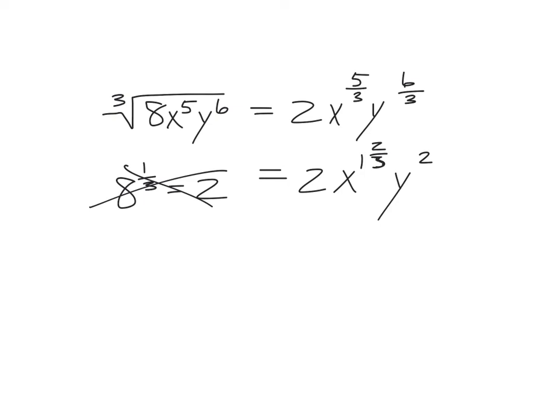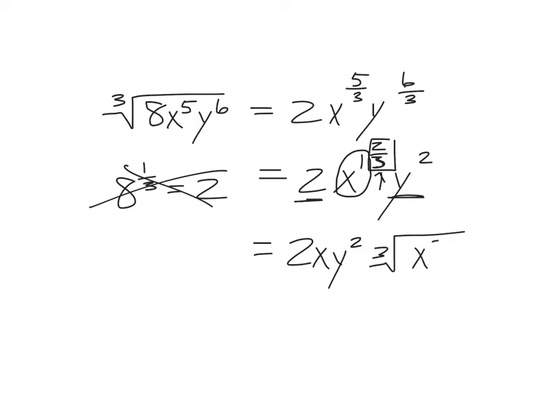Does 3 go into 6 evenly? Yes, y to the second. So these are exact. So they come out: 2 and y to the second. I have a whole x right here that can come out. This fractional part has got to go back under the radical. In other words, that 3 was my radical symbol, and I have 2 x's in there that can't be divided evenly by 3. So I had one whole x that came out, but I had that remainder of 2.